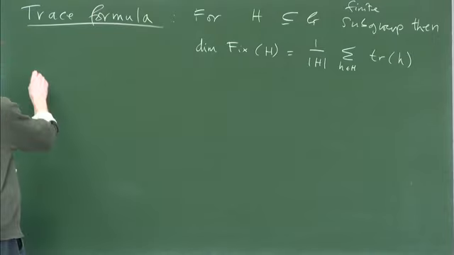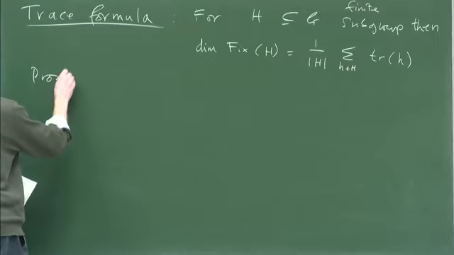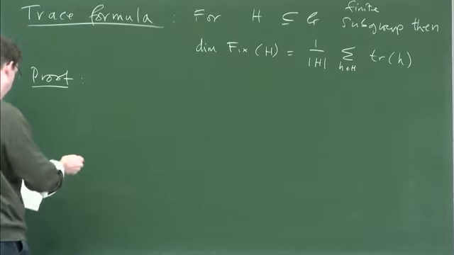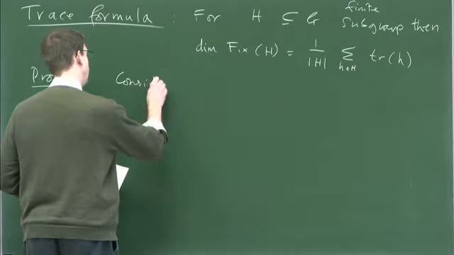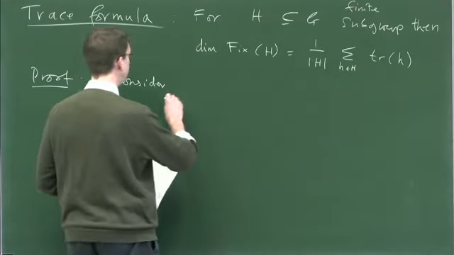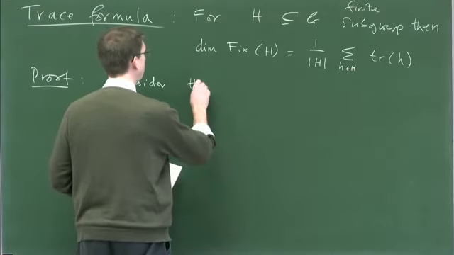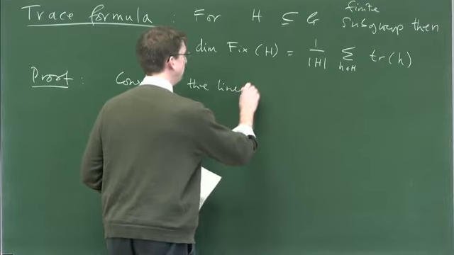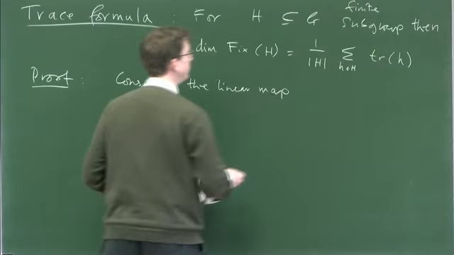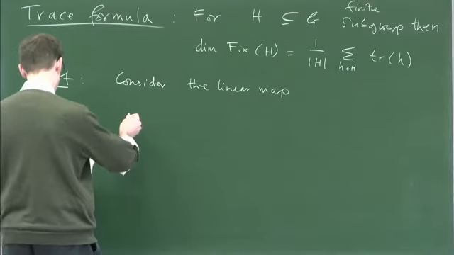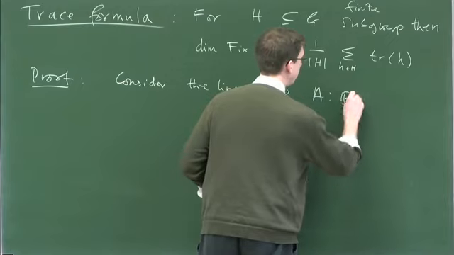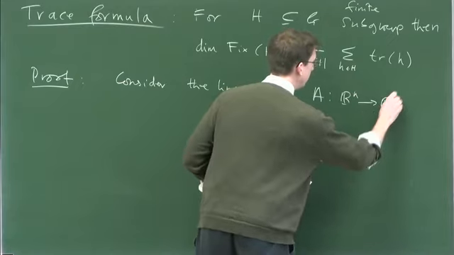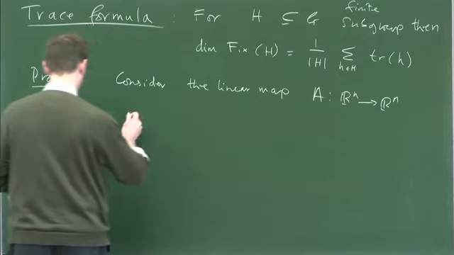Okay. So, the proof method that I have in mind involves a particularly interesting linear map. So this is for a fixed subgroup H. Consider the linear map A. Okay, so we're thinking about representations on Rn.